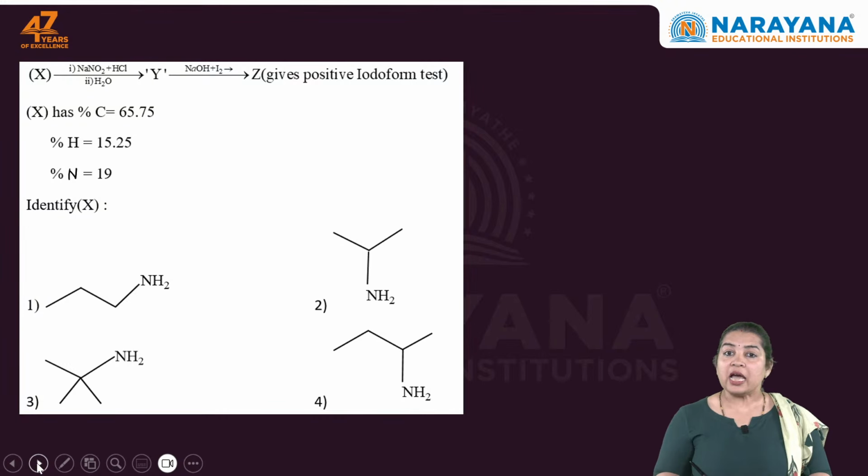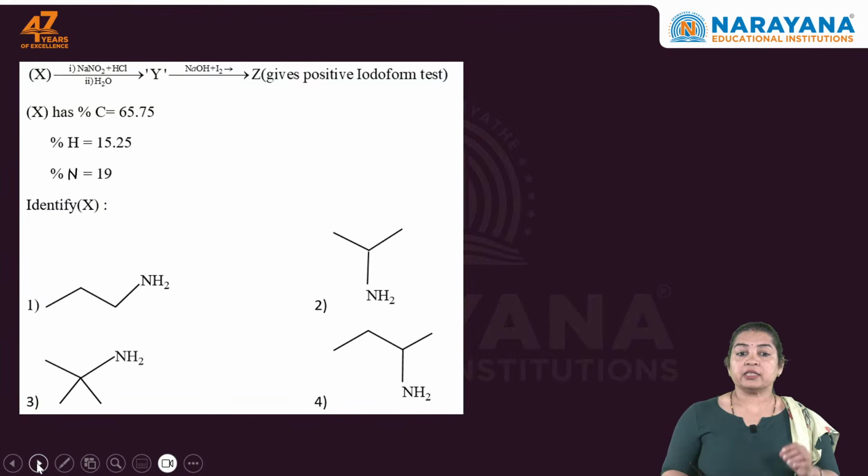Next question is again from organic. There is some compound X which on reaction with NaNO2 plus HCl, followed by water, is giving Y. Now, as all the options suggest, X is some primary amine. So X is some amine.